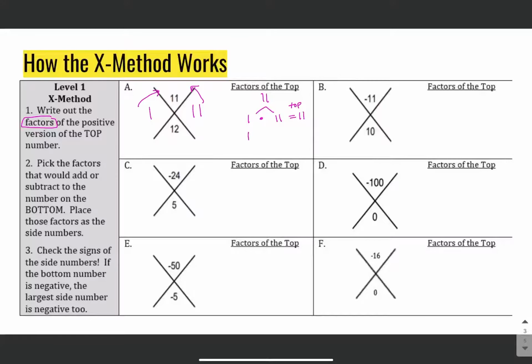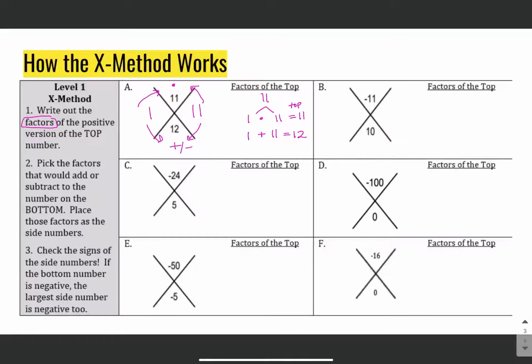And we know that 1 plus 11 is going to equal 12, and that's the bottom. So again, our side numbers, this 1 and 11, need to multiply to the top, and they need to add or subtract to the bottom. That's why we just say combine, so that we can either add them or subtract them.